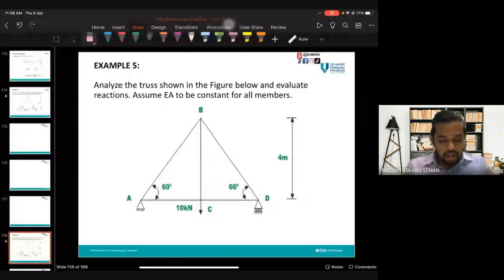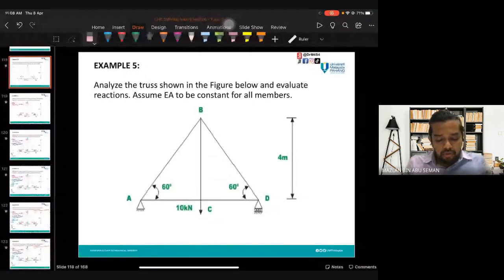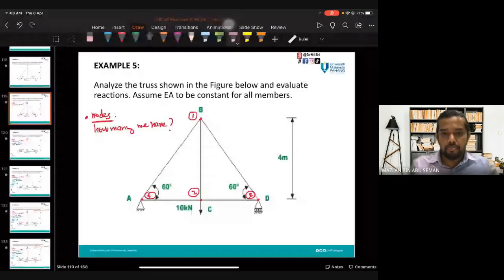Okay, let's go for this example 5. First of all, you have to know here is a load of 10 kilonewton. First of all, you have to identify how many nodes there are for this structure. As you can see here, one node, 2, 3, and 4.